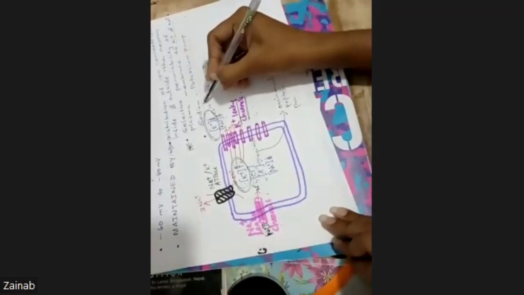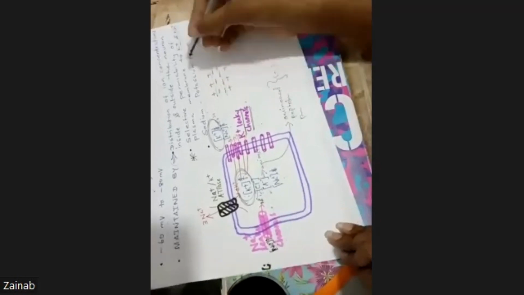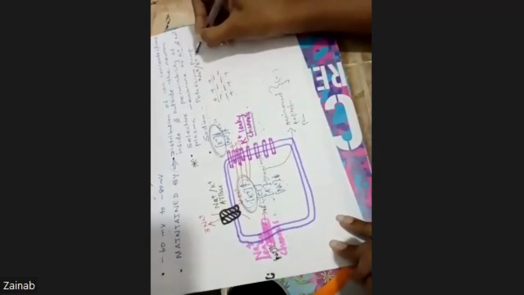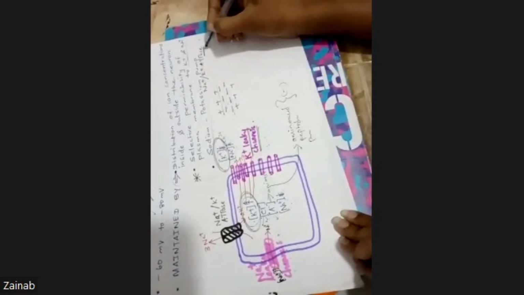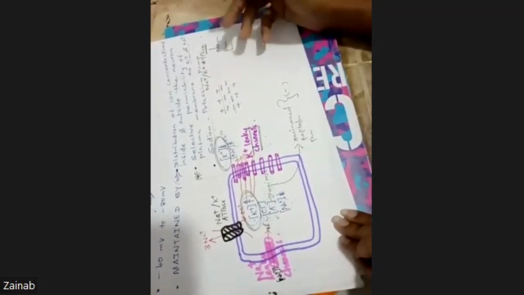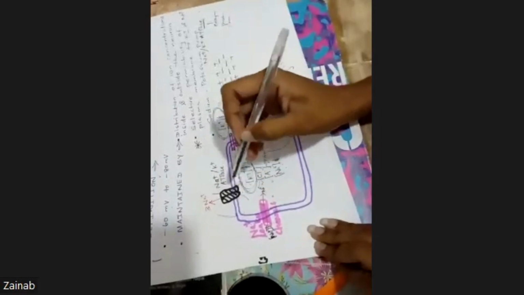Third reason, we have a special guy called the sodium potassium pump. Sometimes we call this sodium potassium ATPase. What do you mean by ase? You have learned this. Ase means it's an enzyme. Enzyme means it's a protein. It's a channel protein, a membrane protein. This is a special guy.